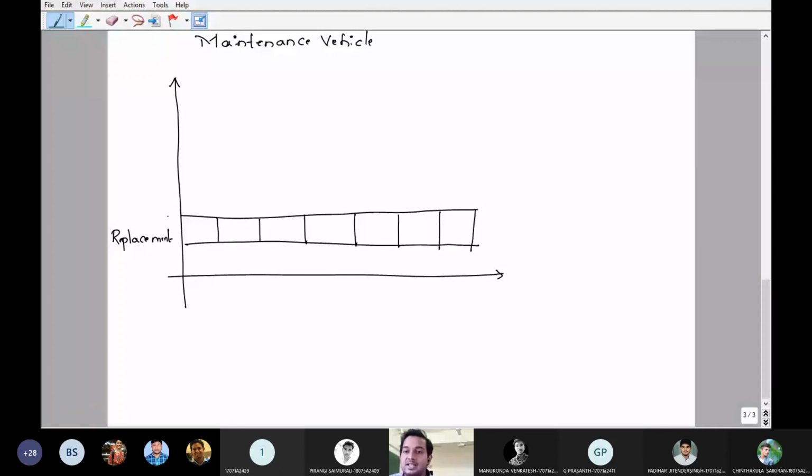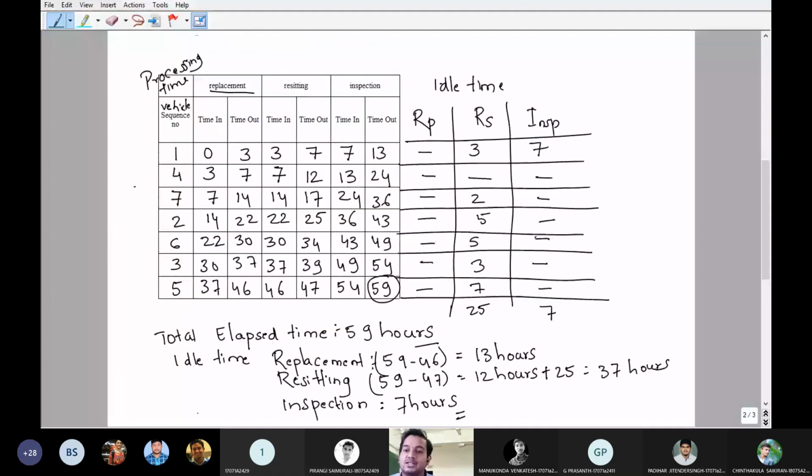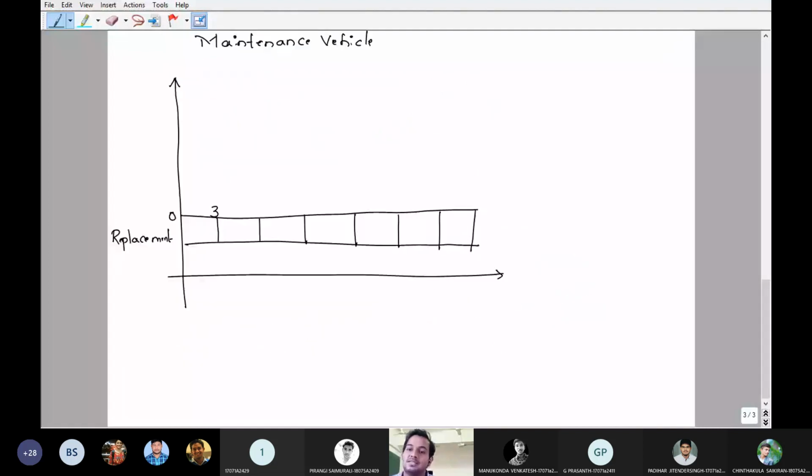He started with 3 and completed as 3 minutes. Yes or no? 3 hours. Please tell me this one: 0 to 3, 3 to 7, 7 to 14, 14 to 22, 22 to 30, 30 to 37, 37 to 46. He started 0 to 3.